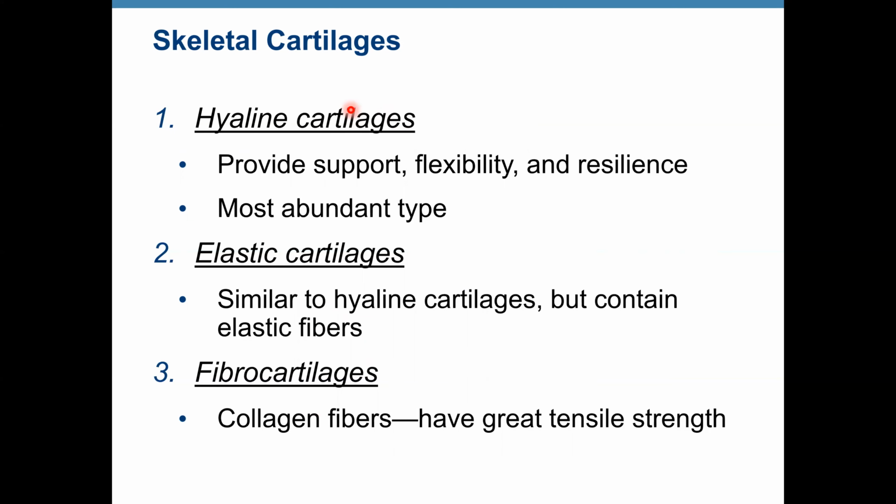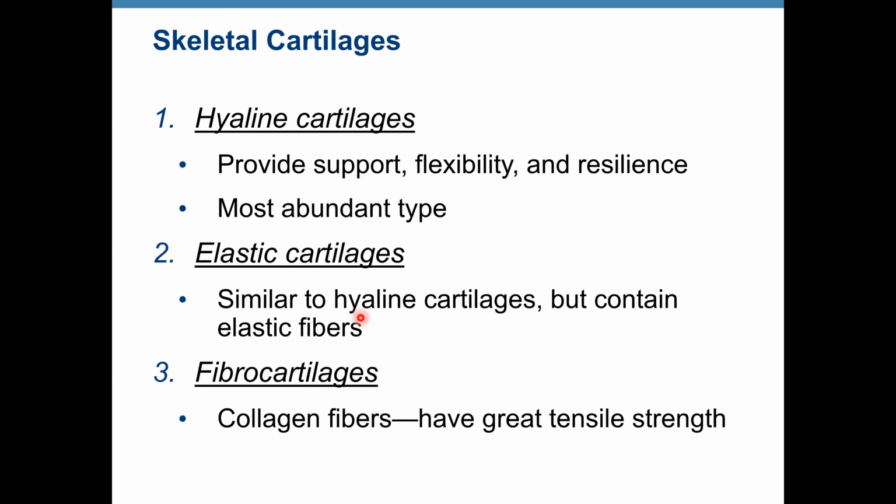There are three major groups of cartilage: hyaline cartilage, elastic cartilage, and fibrocartilage. Hyaline cartilage provides support, flexibility, and resilience, and this is the most abundant type.